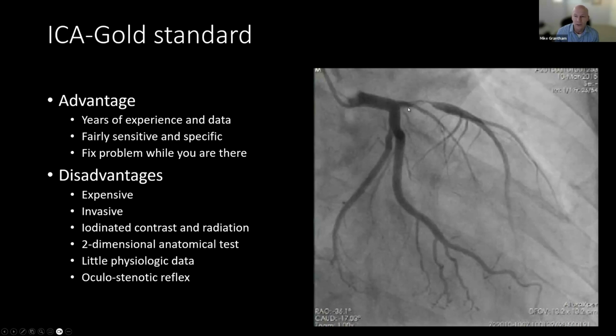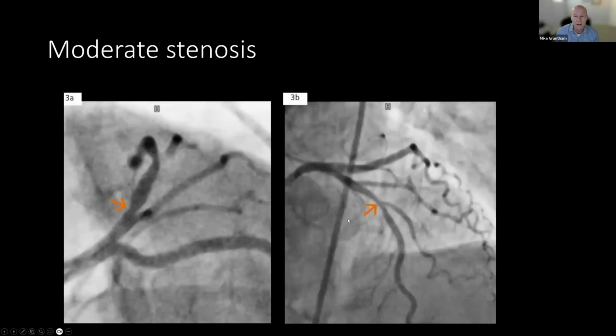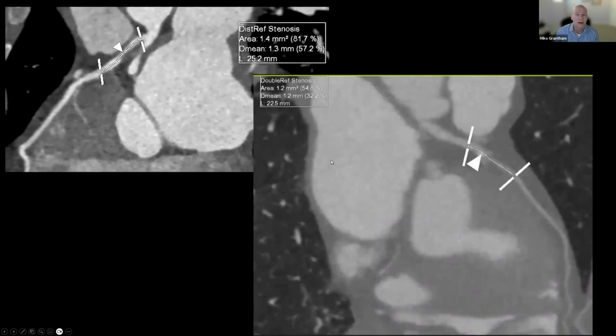It's pretty easy, though, when you have a high-grade stenosis like this to say there's probably ischemia and that needs to be treated. But what do you do for the intermediate lesions, the 50 to 70% lesions? Does something need to be done for these lesions? There's really no way to know based on these images alone.